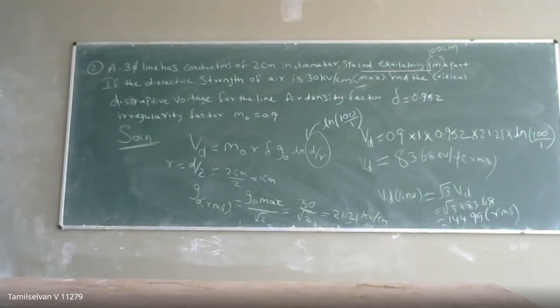If the temperature varies, delta varies. So in the next problem, we will calculate delta and the maximum voltage when the temperature varies.